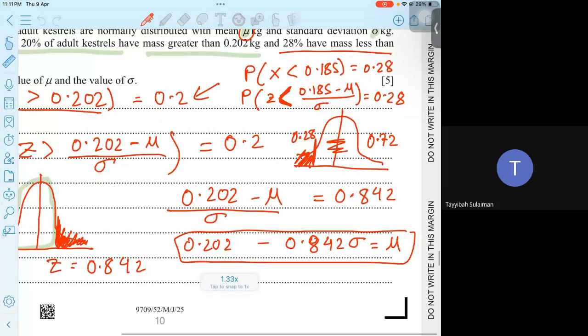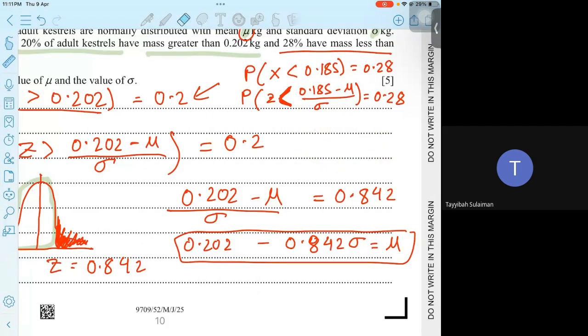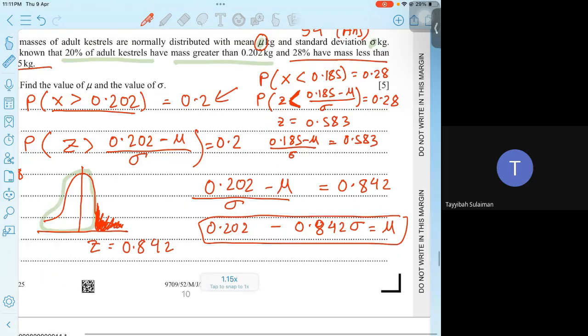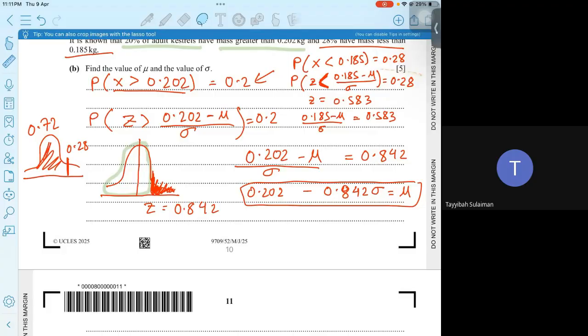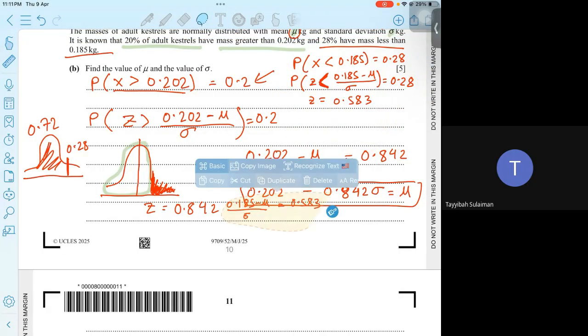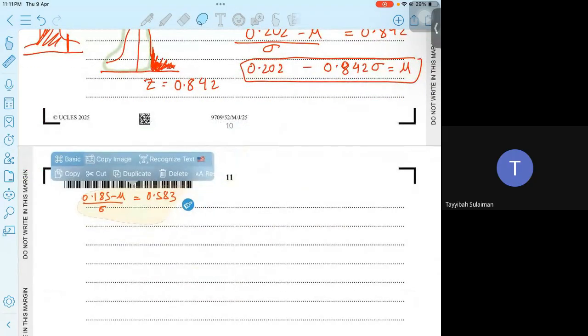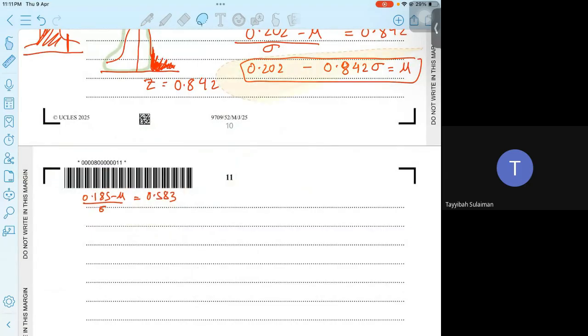So z in this case is 0.583. That means (0.185 minus mu) over sigma is equal to 0.583. I think we can use this part as well. Okay, let's bring this down. This is one equation, and this is the second equation that we have.